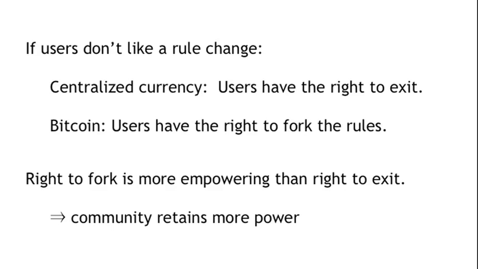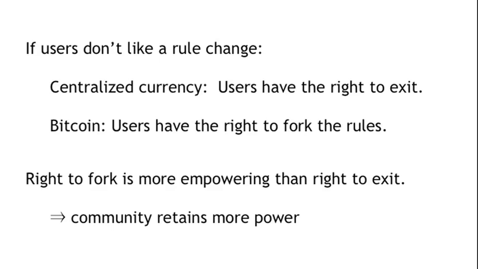With Bitcoin, because it operates in an open source way, you have the right to fork the rules. That means you and perhaps some of your friends or colleagues can decide that you'd rather live under a different rule set, and you can fork the rules and go a different direction from where the lead developers have gone. The right to fork like this is more empowering for users than the right to exit.